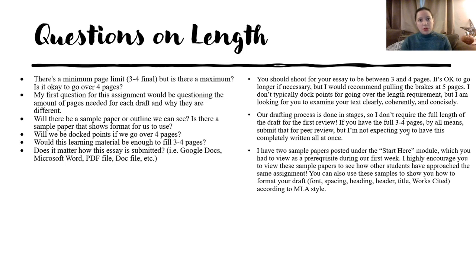So we'll draft a little bit, we'll pause, revise, rebuild, add, subtract if necessary, get to that longer length, submit for peer review, go through that process again. So you'll see that the rough draft page length requirement usually will differ, and it will build so that you're not trying to do everything all at once.